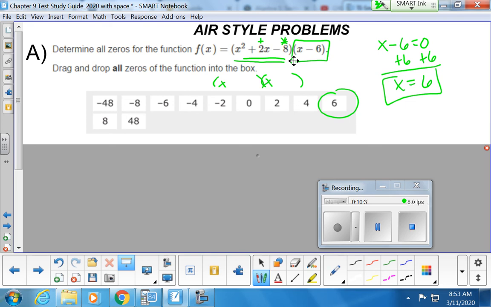I was just saying 2 and 2 won't work. Positive 4, -2. Yep. Positive 4, -2. So these also can give us answers. So x plus 4 would be 0, and x minus 2 would be 0. So the other two answers are -4 and positive 2.